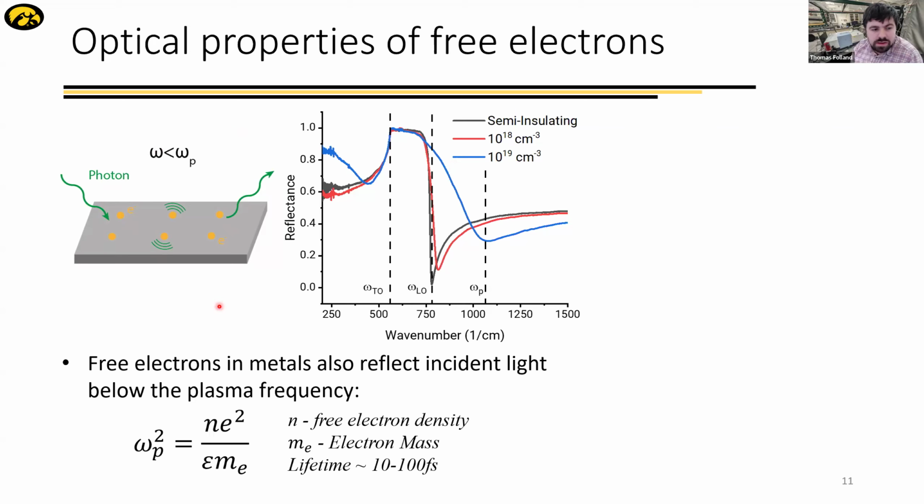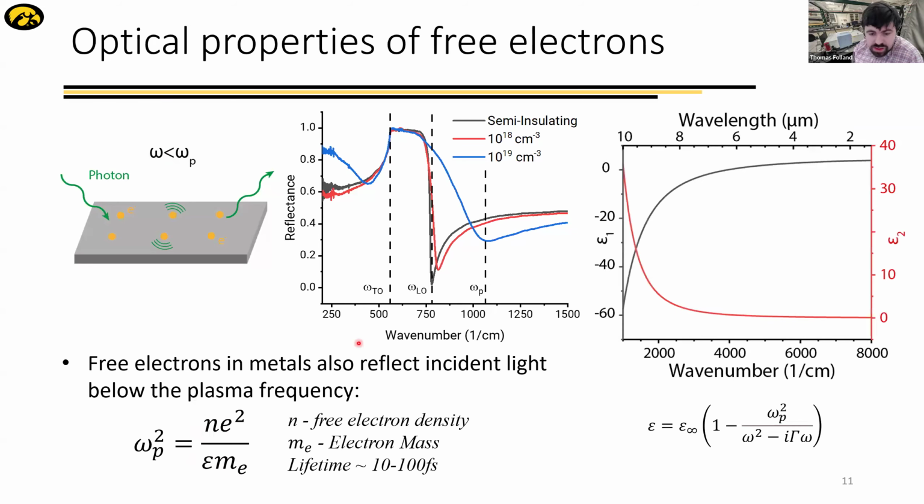By measuring the reflectance of a metal, or in this case a doped semiconductor, as a function of frequency, we can infer the plasma frequency, and hence relate this to the carrier density and the electron effective mass. This is a Drude model. There are more complicated models available for free electron plasmas that go into more detail. This is the simplest one, but it illustrates the point.